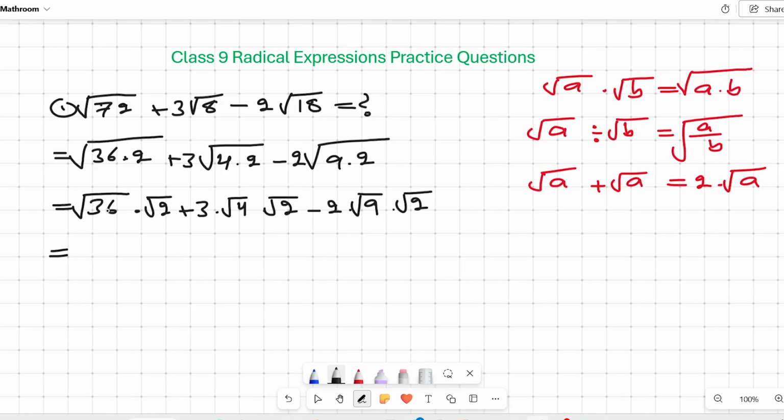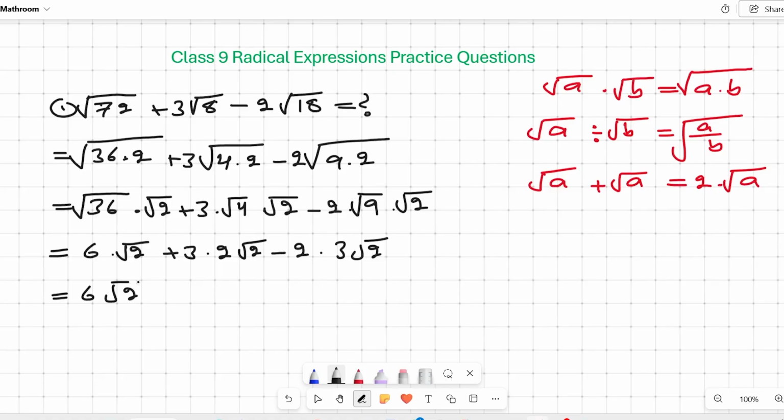As you know, the square root of 36 is 6, so I write it itself as the square root of 2 doesn't have a whole square root. 3 comes itself, 3 times. The square root of 4 is 2 times the square root of 2, minus 2. The square root of 9 is 3. The square root of 2 comes itself.